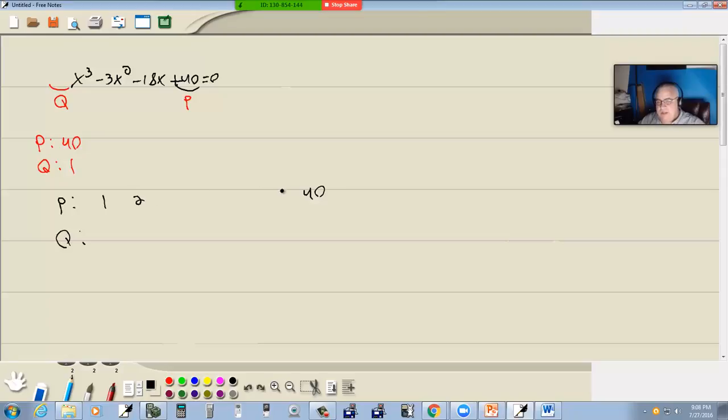We got 2 times 20. 4 times 10. And 5 times 8. Then we're going to write down all products that give us 1. Well, 1 times 1 is it. So we only have to put a 1 there. Now, there's something else that'll give us 40, though. A negative 1 times a negative 40 will give you a positive 40. So how we account for all the signs is you just always put a plus or minus before any of these numbers. And then you don't have to worry about the signs.